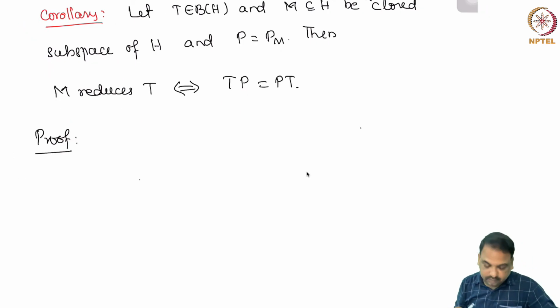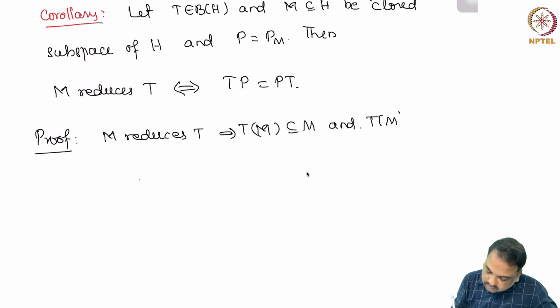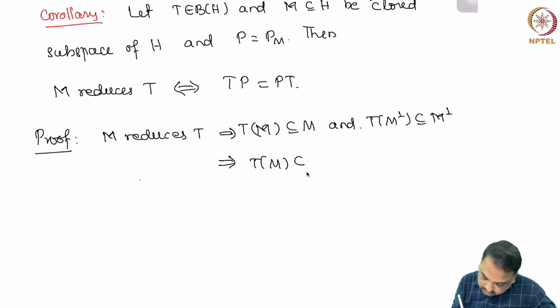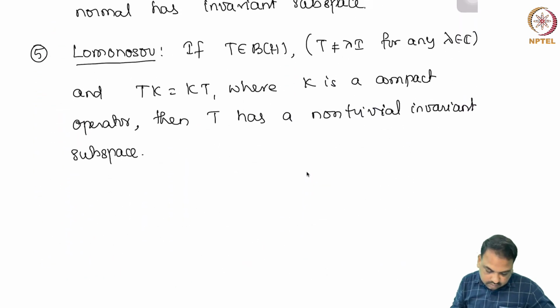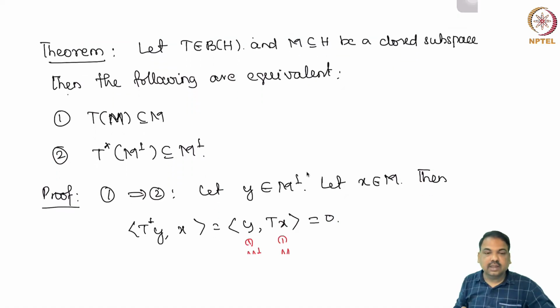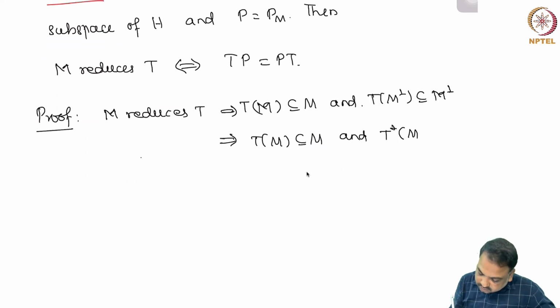Okay, let us look at the proof. M reduces T implies TM is contained in M and T of M perp is contained in M perp. By the earlier result, T of M perp is contained in M perp if and only if T star M is contained in M. That means M is invariant under both T and T star.